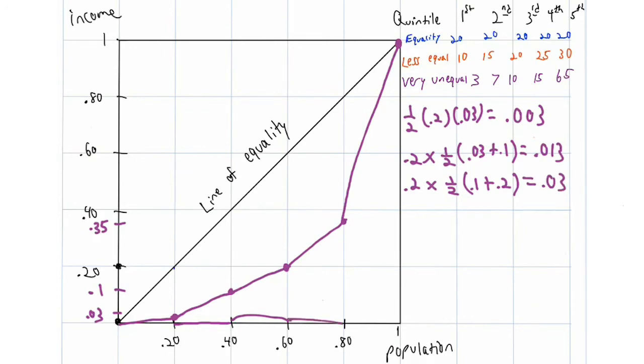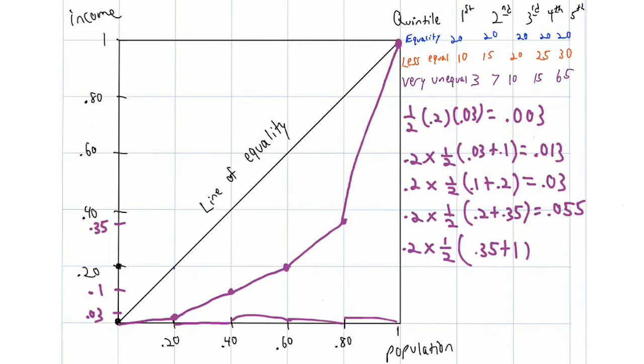Then next quintile, 0.2 times the average of 0.2 and 0.35, and that gives us 0.055. And then finally, the last quintile, we have 0.2 times 1/2 of 0.35 plus 1, and that will equal 0.135.